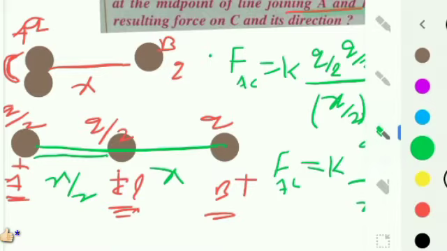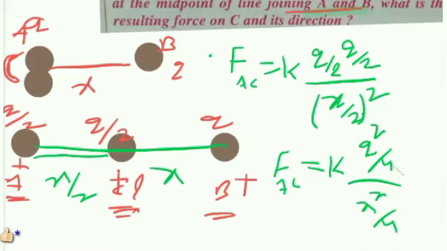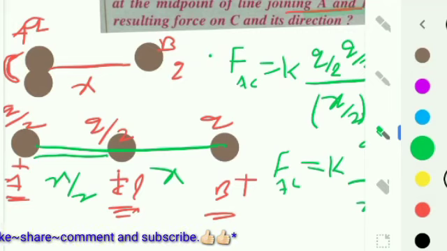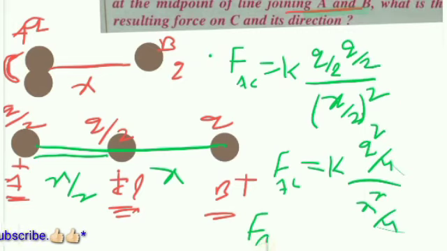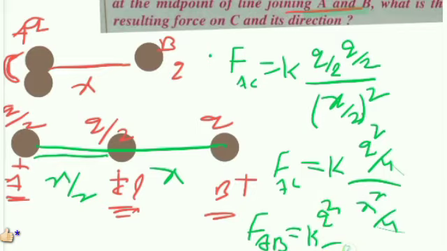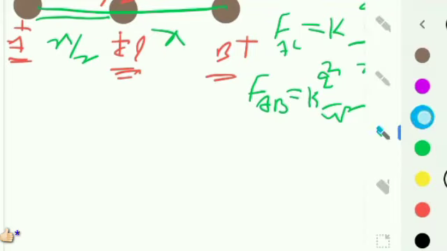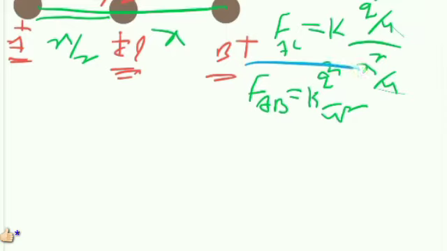Cancelling this, 2, 4 and 4 cancel. Then F AB is equal to K into Q square by x square.